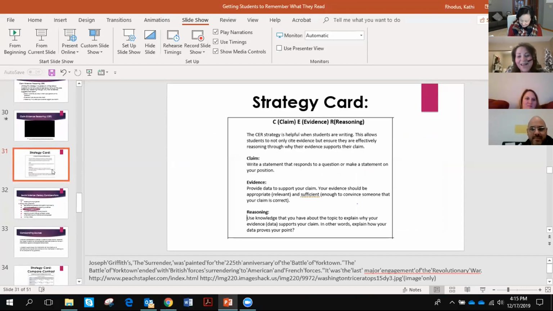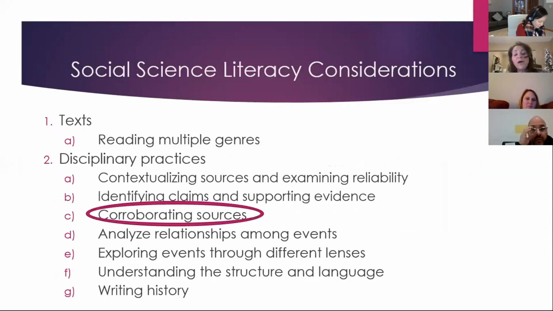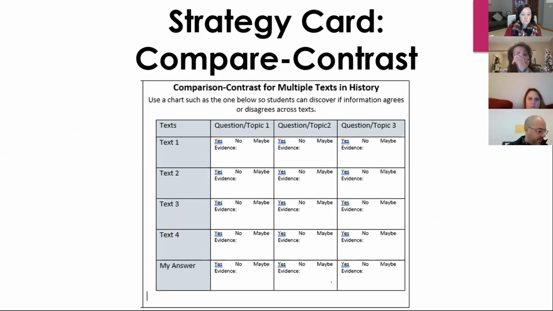Okay. The next one is corroborating sources. Students need practice in this. They need to figure out, okay, does this source agree or disagree with what we think, across the texts? And so students need graphic organizers or ways of placing this information down so they can analyze it, such as a compare contrast document.